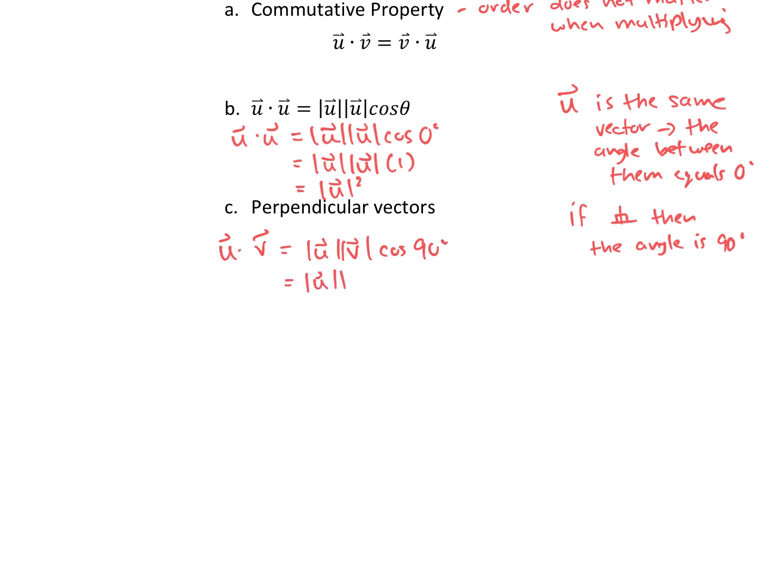Well, if you again think of your trig ratios, cosine of 90 has a value of 0. So u times v times 0 is going to be 0. So if two vectors are perpendicular to each other, their dot product is 0, and vice versa. If I see the dot product is 0, I know that they are perpendicular. And that's going to be a useful property to look at when we look at further questions.